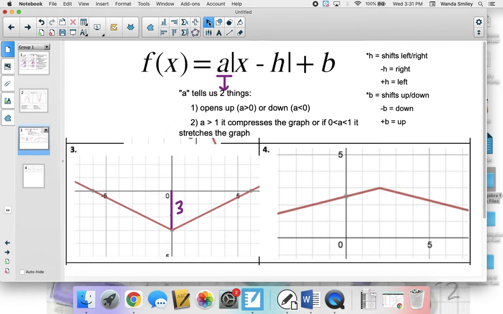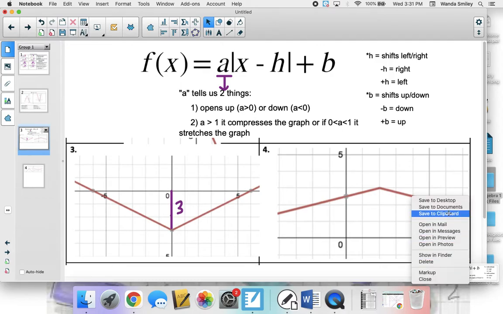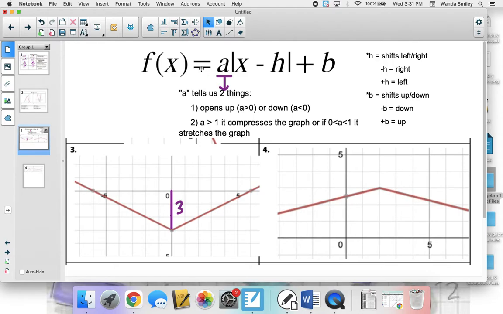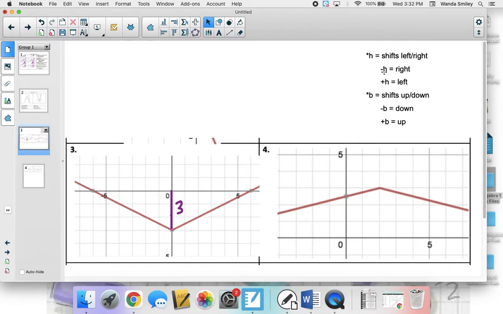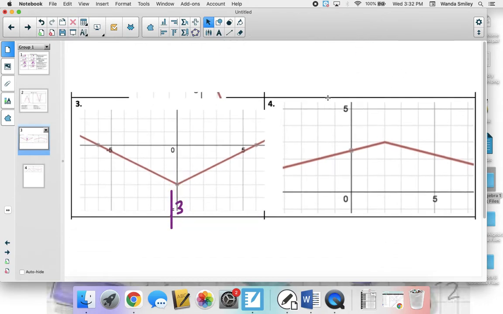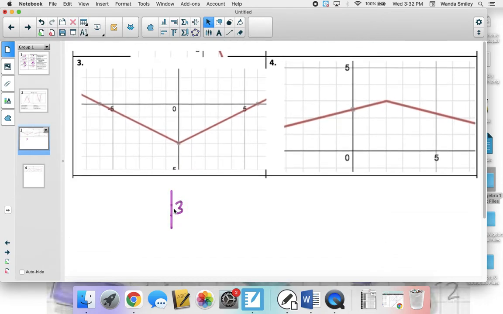I did, because I need to go back to number 2. Let me copy and paste this over to the other page, and I'll take it off of this page. Sorry about that. We'll come back to this in just a minute.